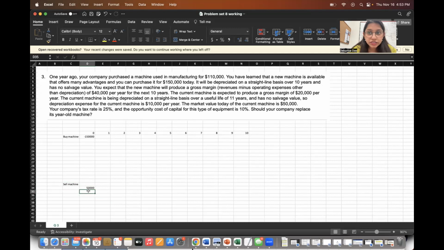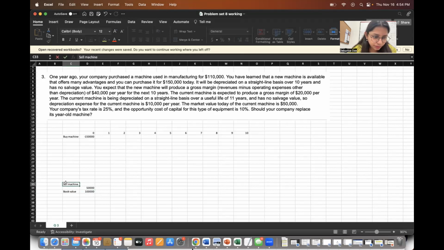What is the book value today? It is 110,000, which is how much you purchased it for last year. Then how much depreciation did you lose in 1 year? They told you that's 10,000. So minus 10,000, so 100,000. That's the book value.